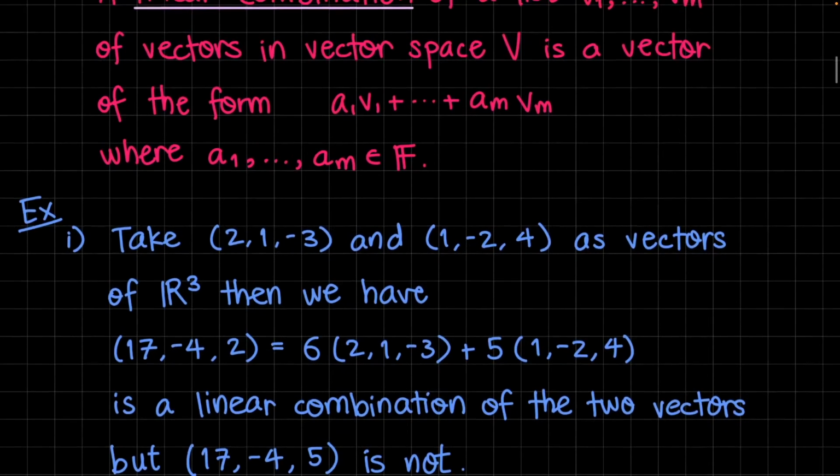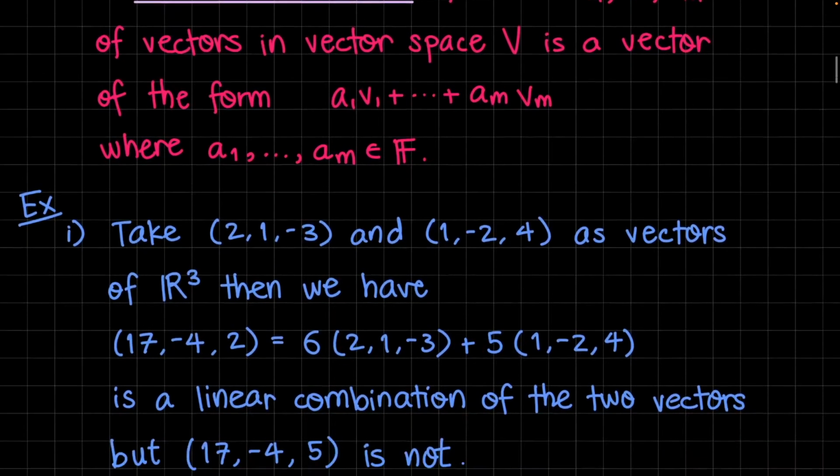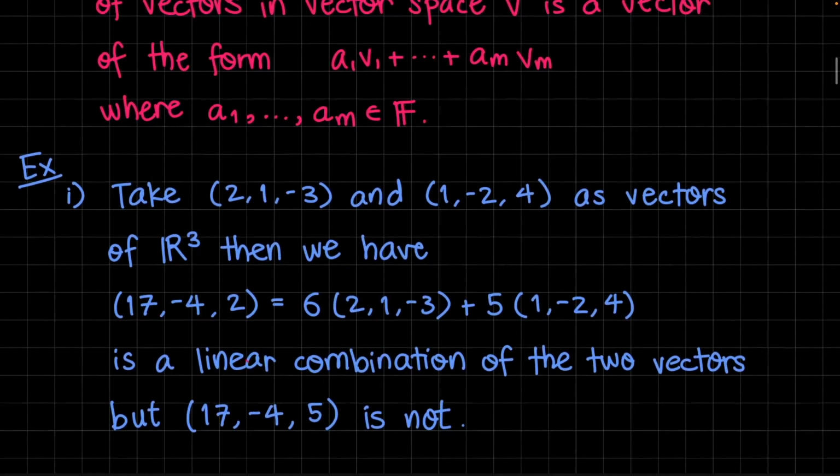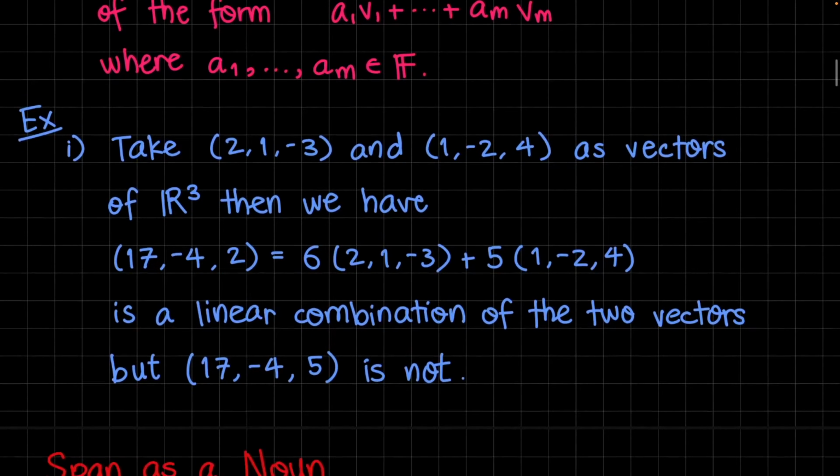So in this general definition case, we have v1 and v2 as these two vectors. If we set a1, the first scalar, to be 6 and the second scalar a2 to be 5, we get this vector that we had on the left hand side. So this vector 17, negative 4, 2 is a linear combination of the two vectors in the list.